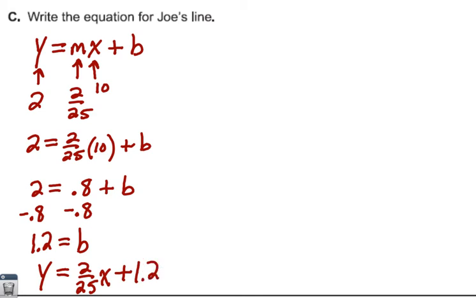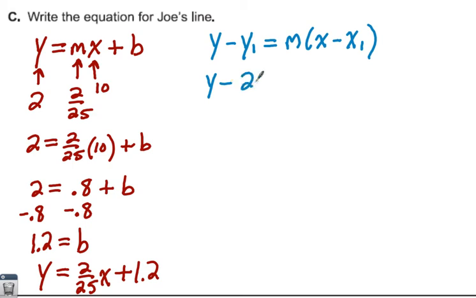Now, to be super thorough with these videos, you also need to be able to use the point-slope formula. So I'm going to do y minus, our point was 10, 2.